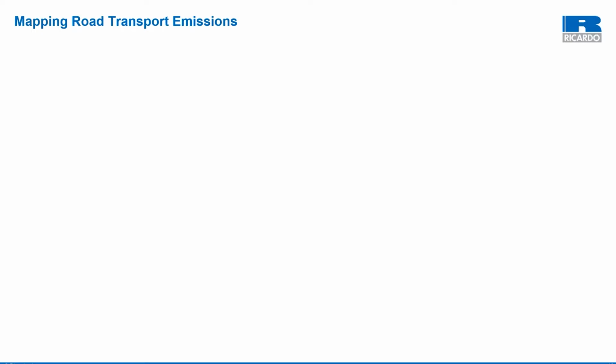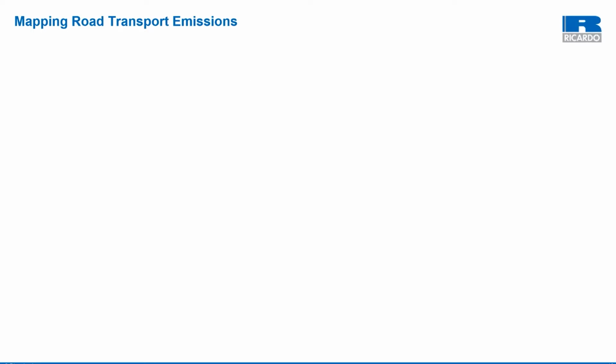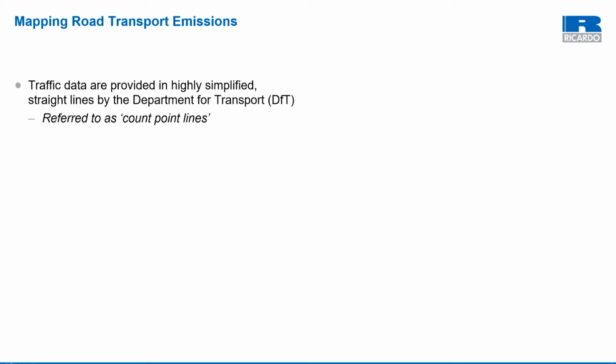Yes, thanks, Yanni. Important to compiling the National Atmospheric Emissions Inventory, and specifically the road transport sector emissions, is utilizing the data provided by the Department for Transport, referred to as count point lines, which in geometry are simplified straight lines from A to B containing the traffic data.